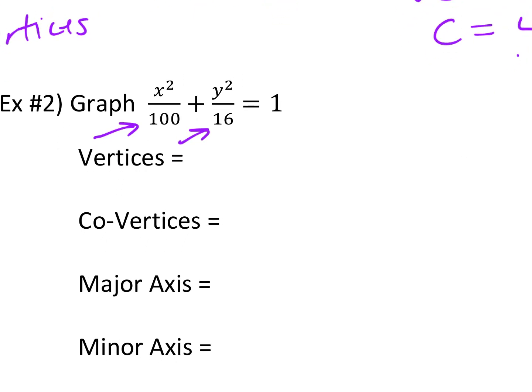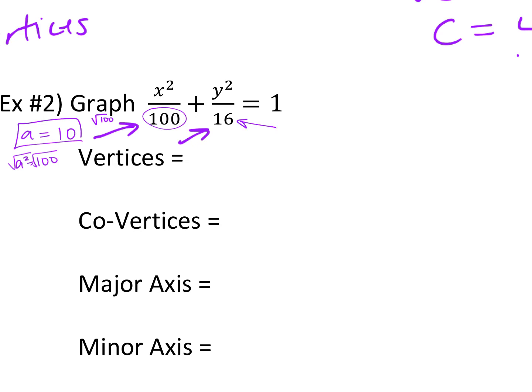What is our value of a? Yeah, if a squared is 100, then our a value is 10. You're just taking the square root of 100, right? A squared is 100, so square root both sides, we get a is 10.